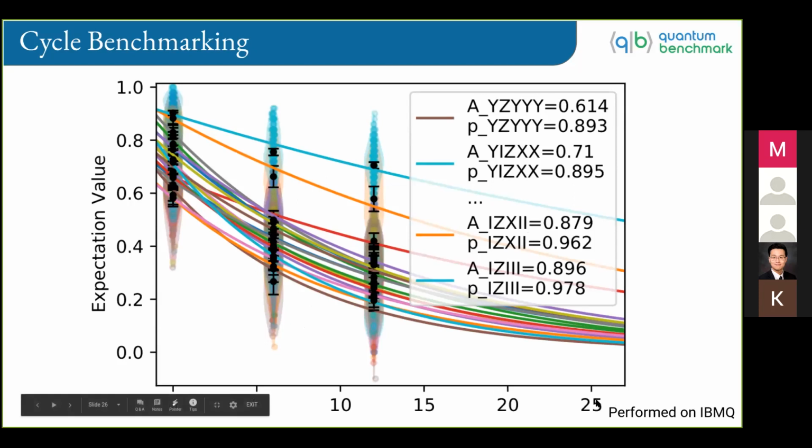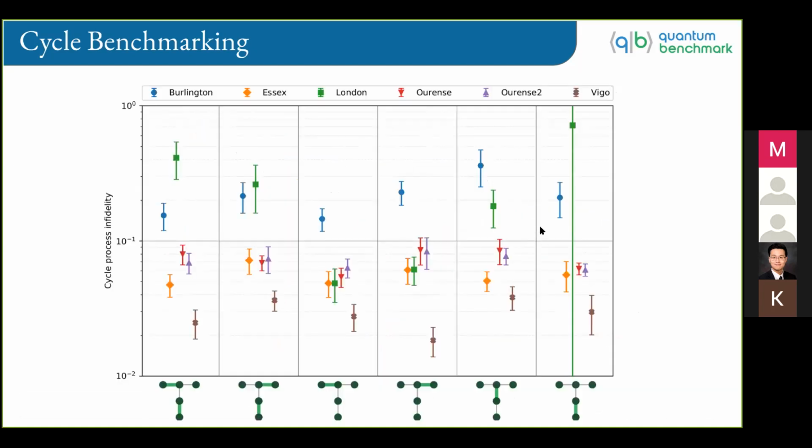On the x-axis, we've chosen 3 different values of M, and we've measured the fidelity of that particular Pauli. And then we've put an exponential curve through each of them. The decay rate of this gives an estimate of that particular element of the Pauli transfer matrix. And then if we take their expectation value, we know that that's equal to the process fidelity, so the quality of the cycle as a whole.